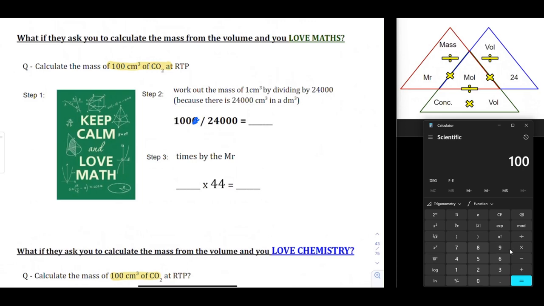That gives you 0.00416. Then you can just leave that calculator value, and you times that by the MR of carbon dioxide, which is 44, and that will give you 0.183 grams. But if that doesn't make any sense because you're getting lost, that's completely understandable.